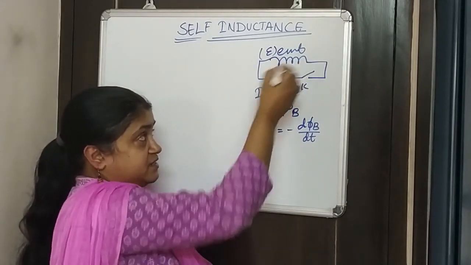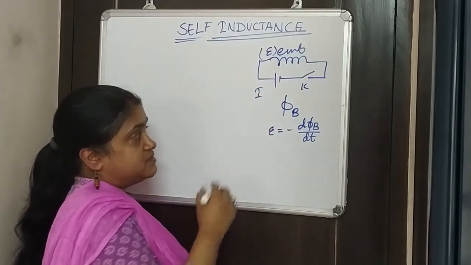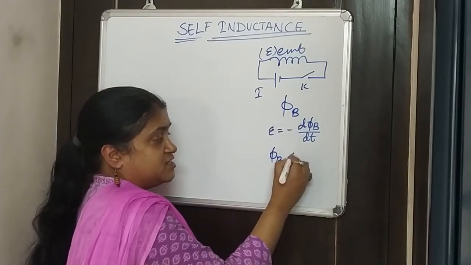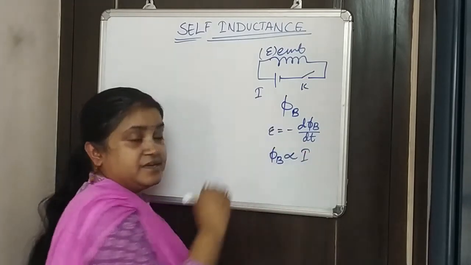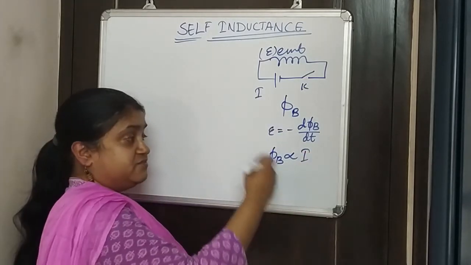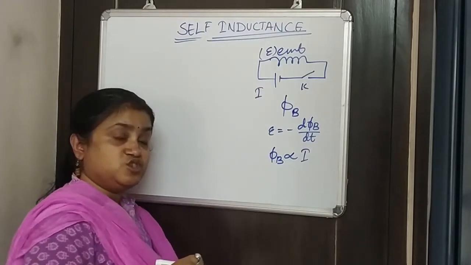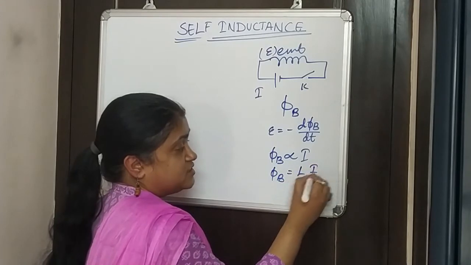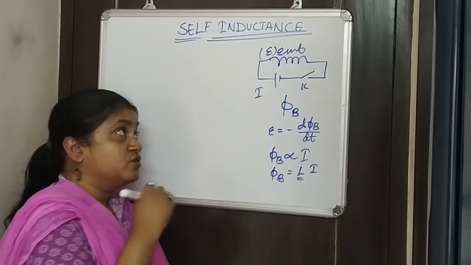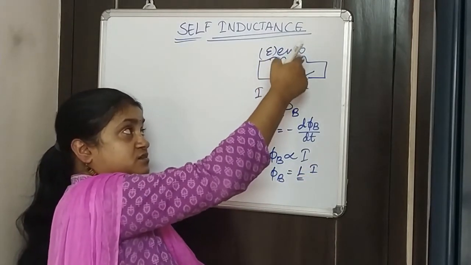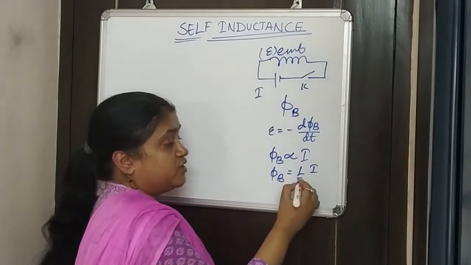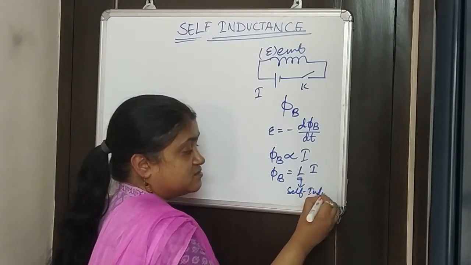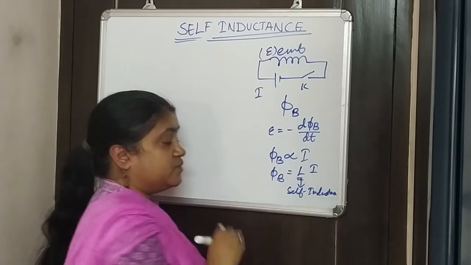Now inside the coil, the magnetic flux is proportional to the current I, right? If the current changes, the magnetic flux would change, and there is a proportionality constant L for this particular coil, and we call it self-inductance, right?